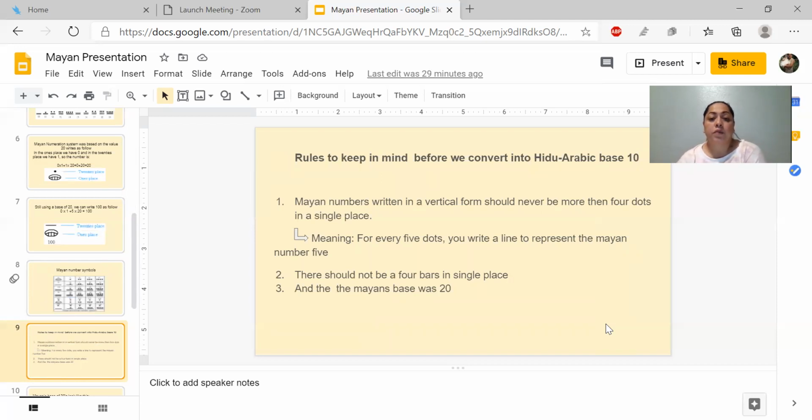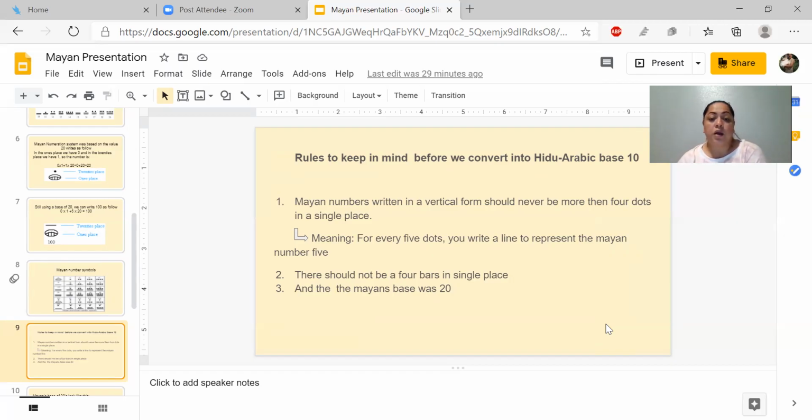Here are rules to keep in mind before we convert into the Hindu-Arabic base 10. Mayan numbers written in a vertical form should never have more than 4 dots in a single place. For every 5 dots, you write a line to represent the five.